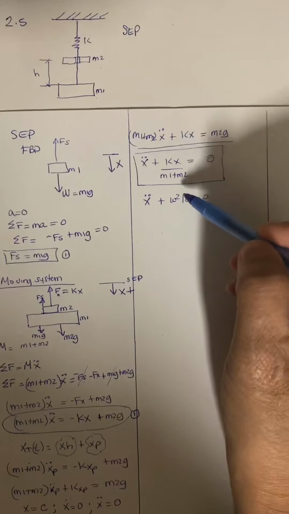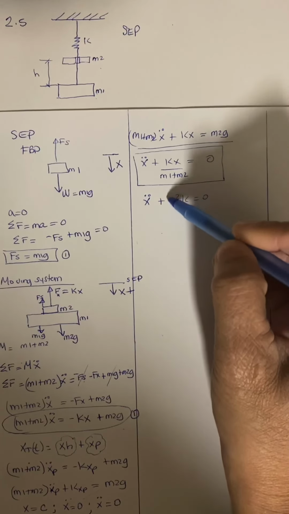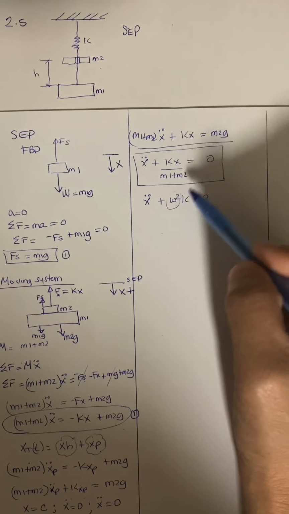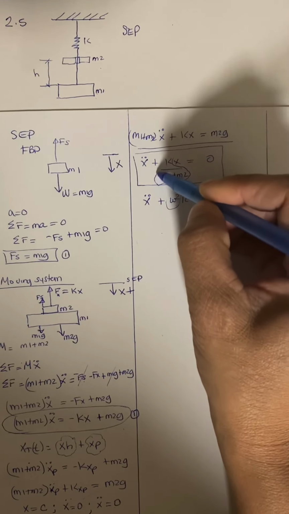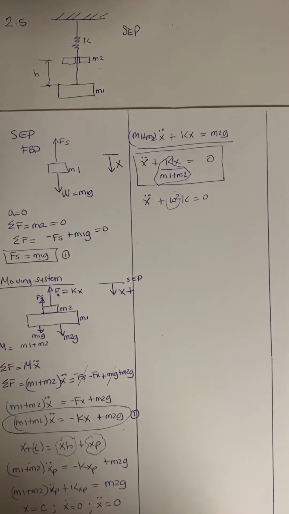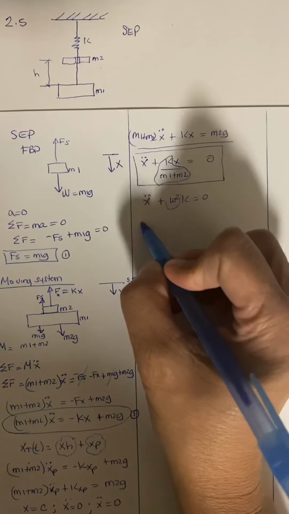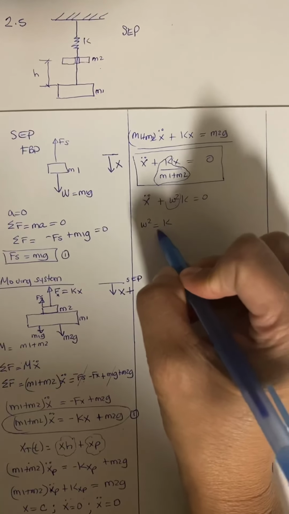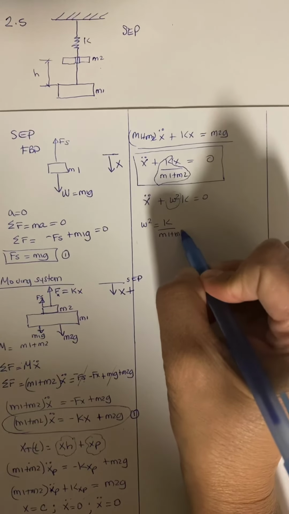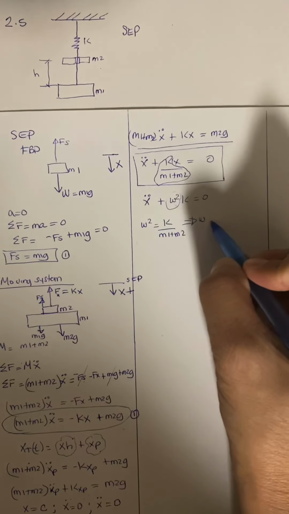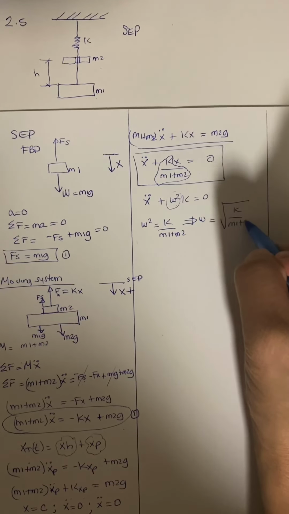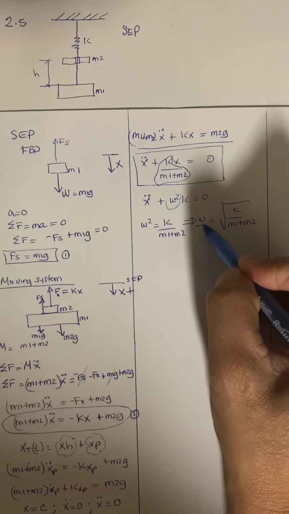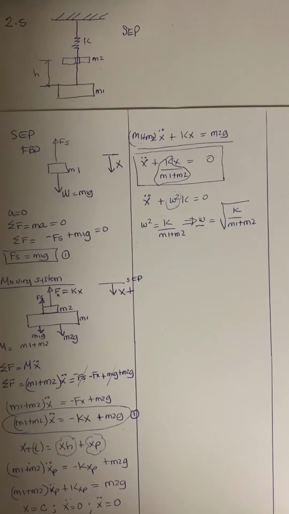If we notice, to get w, we just have to equate w squared to the coefficient of x, and that will give us the natural frequency of the system. So w squared is equal to k over m1 plus m2, and then w will be equal to the square root of k over m1 plus m2. So we now have the value of the natural frequency.